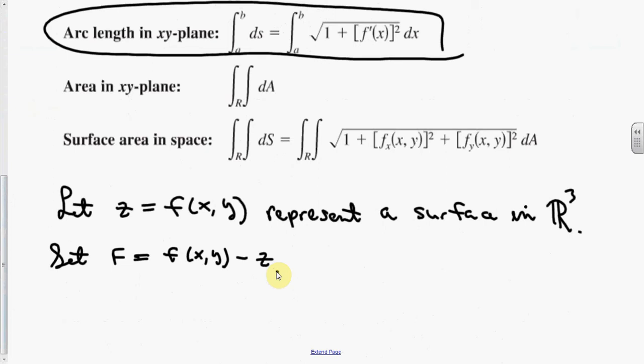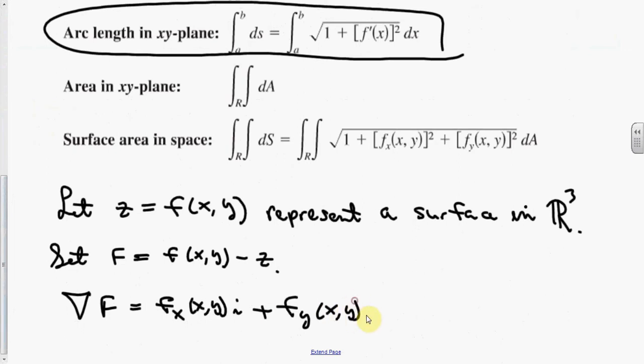In chapter 15, we'll call this capital F or capital G, but we're talking about the same representation. If I take the gradient of F, this gives me the partial of F with respect to x at the point x, y, times i, plus the partial of F with respect to y at the point x, y, times j, minus, taking the partial with respect to z, we just get 1 times k.